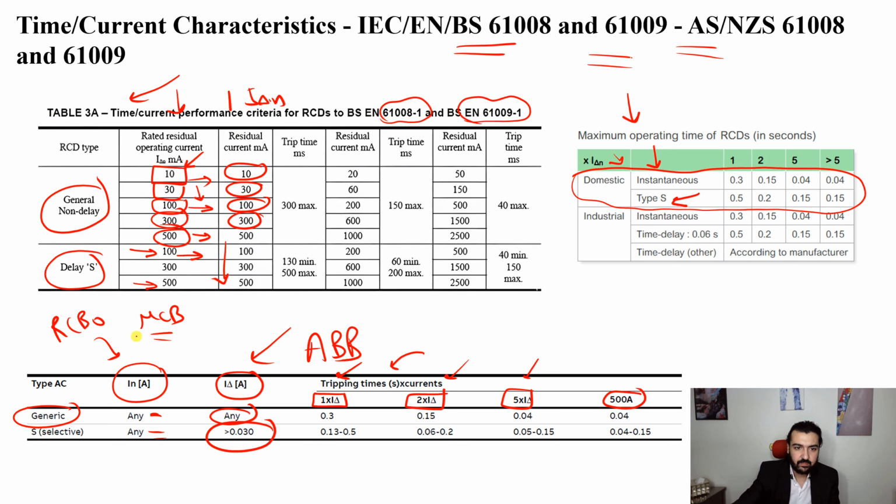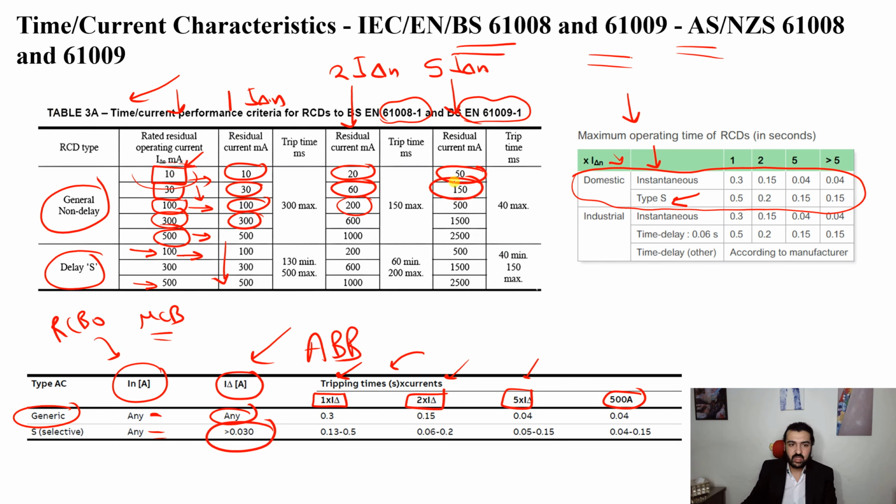Similarly for delay. And this one here is double I delta n. You can see 10 became 20, 30 became 60, 100 became 200, and so on. Similarly for delay or S delay. Last one is for 5 I delta n. 10 became 50, 30 became 100.